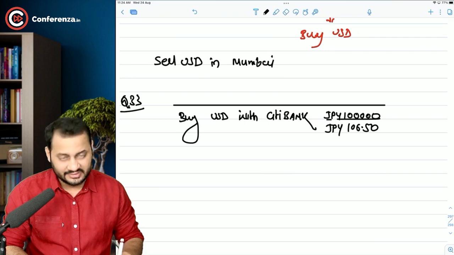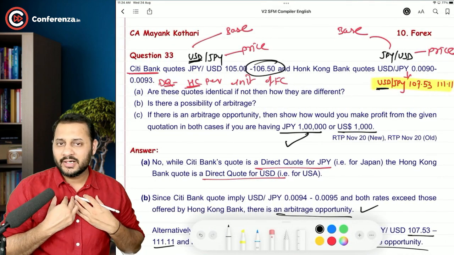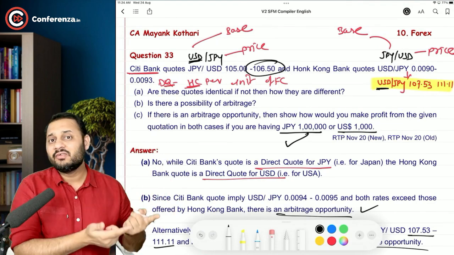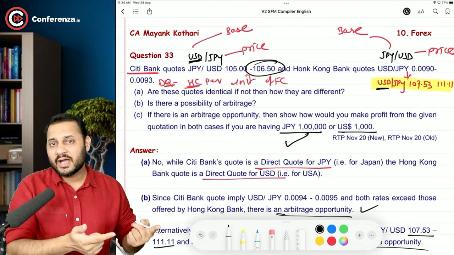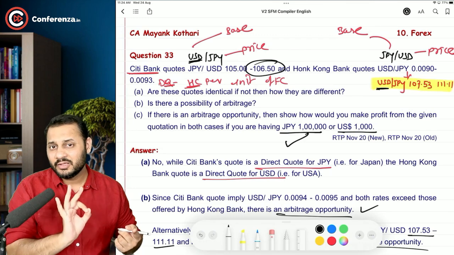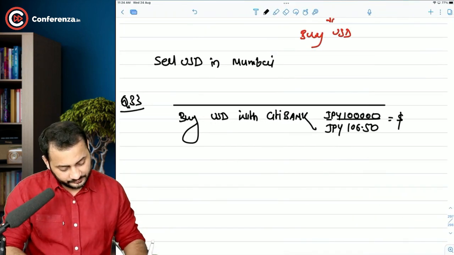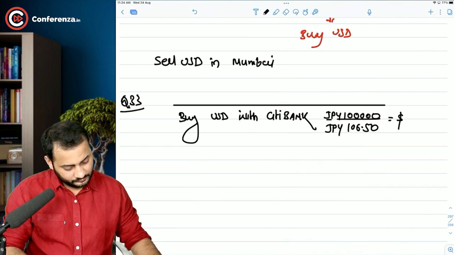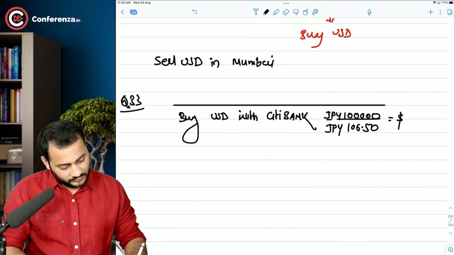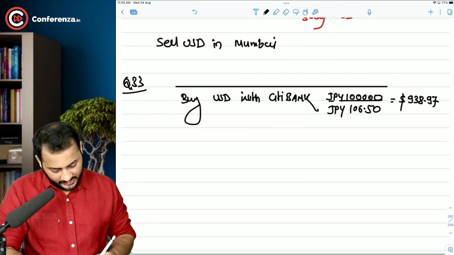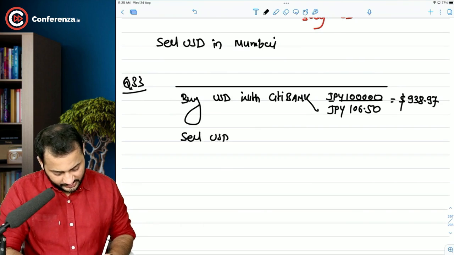Am I right? Ask rate. I want to buy the base currency dollar because it is available at a cheaper rate. The bank will sell dollar, so the ask rate will be applicable, 106.50. How many dollars will I receive? $938.97, and then I am going to sell USD with the other bank.